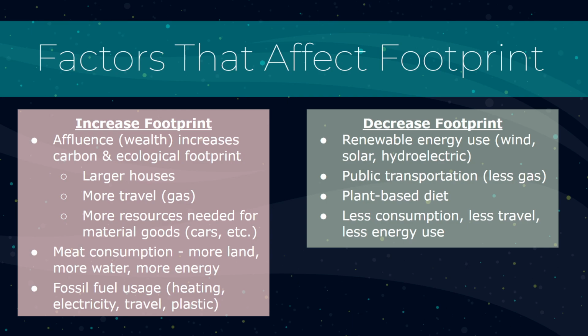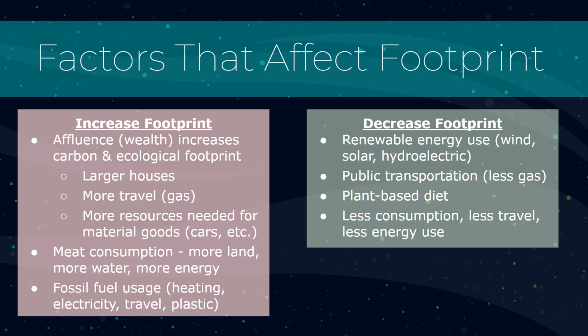Now, factors that decrease ecological and carbon footprints include renewable energy sources. Carbon footprint decreases anytime that a country or a group of individuals can use more renewable energy sources like wind and solar. They're going to decrease their carbon footprint and their ecological footprint using public transportation, which is great because that's going to minimize gasoline consumption, which minimizes CO2 production and your carbon footprint.